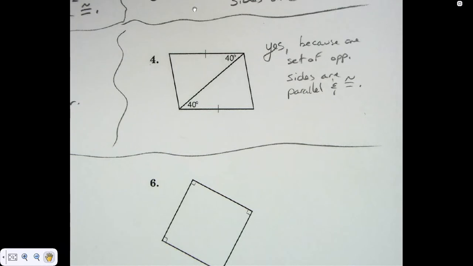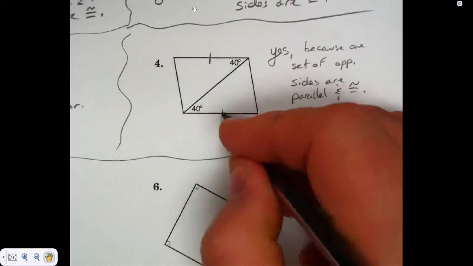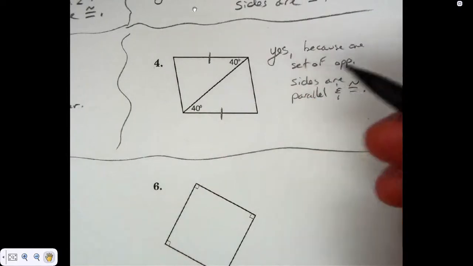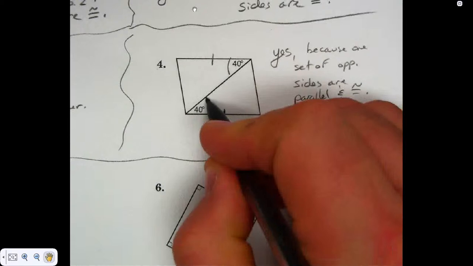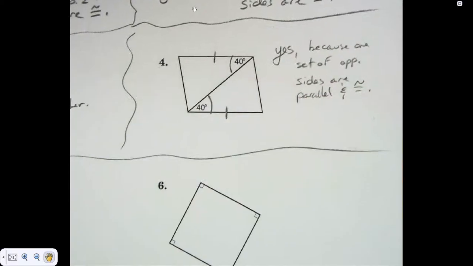Does anybody know why? See, that's the thing. You can't say because they look like it. Well, I've already said that this set is congruent to this one. They've given me that, haven't they? But what other information have they given me? That this is congruent to what? Why is that significant?